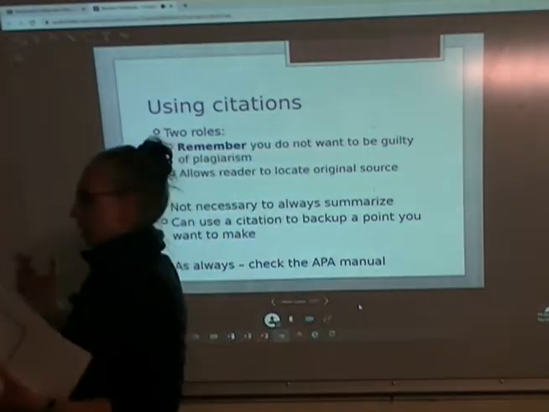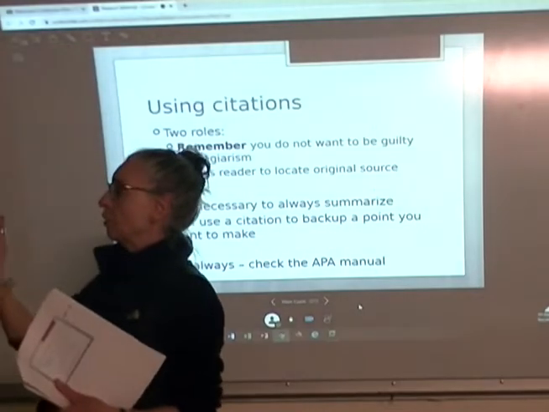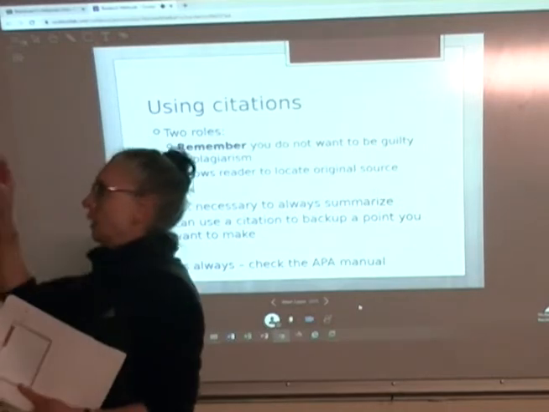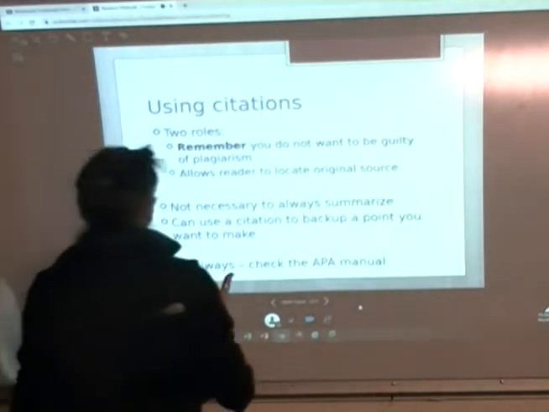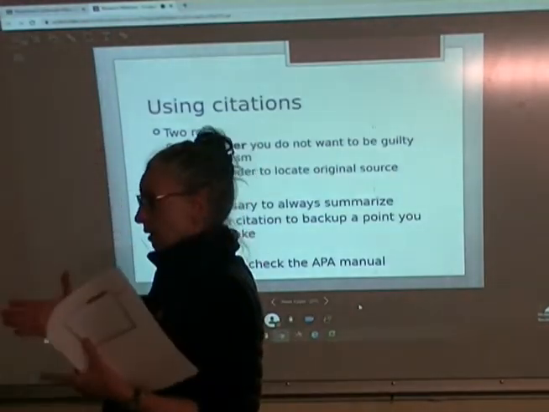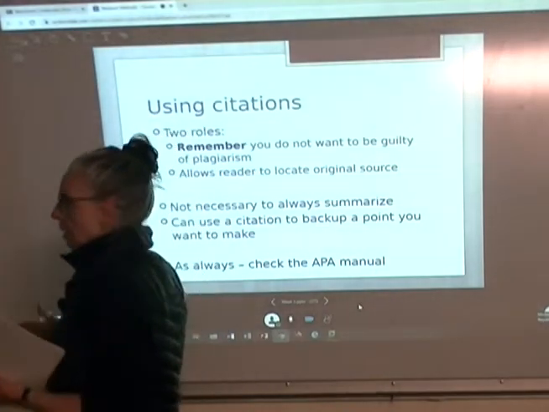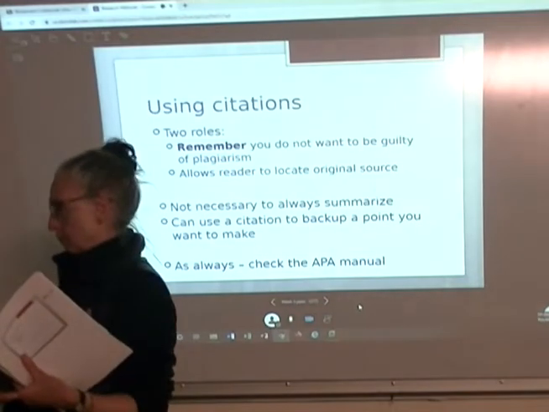The citation is the format to tell the reader that this is where you got the information you're talking about, actually within the text. And the rule here is that if it's cited in the paper, it has to be in the reference list. And if it's in the reference list, it has to be cited in the paper.